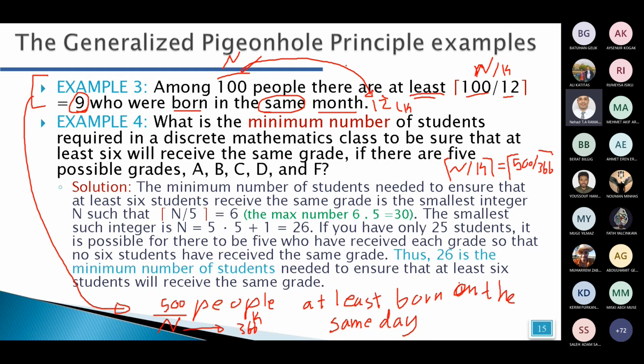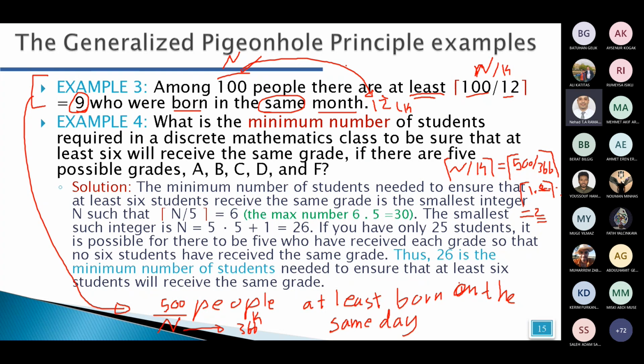If you don't know the division, it doesn't matter. It will be a fraction, some number, maybe 1 point something. But when you take the next integer, this means we have at least 2 people born on the same day.